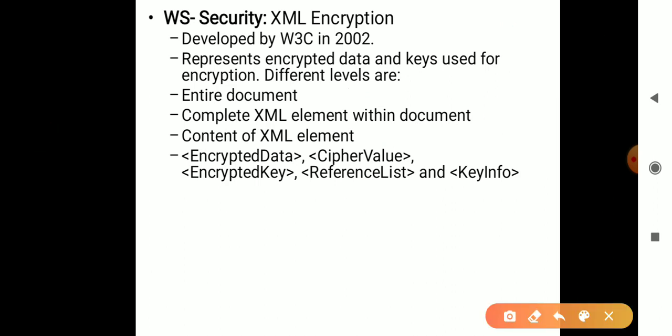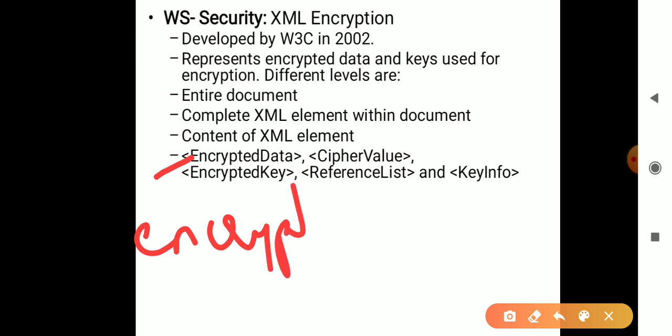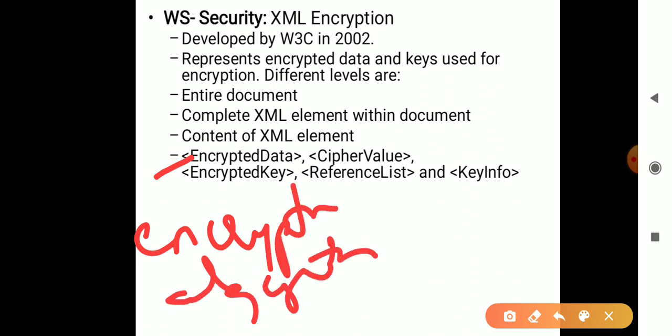Now you can see here there is EncryptedData, which is used to specify the encrypted data within the SOAP messages, and it also provides which type of encryption algorithm is being used to process it. The next one you can see is the cipher value.